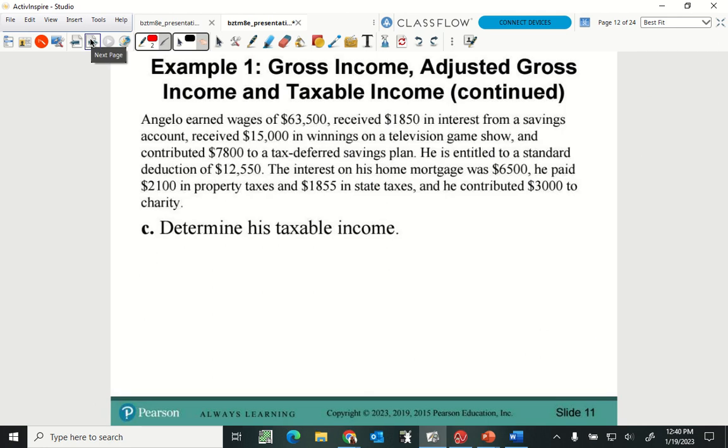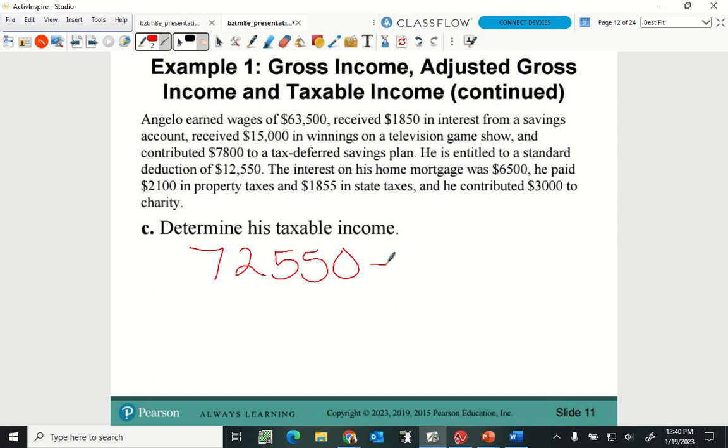Now, his taxable income. So we go to the adjusted, which was 72,550, minus deductions.